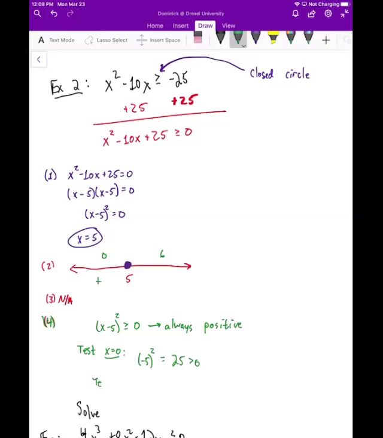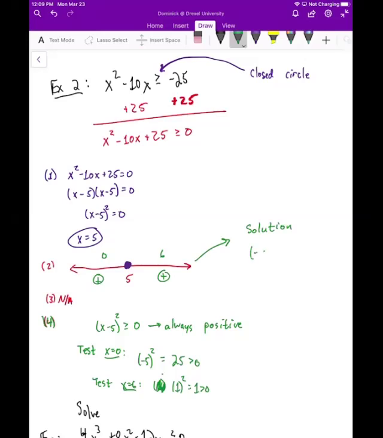If we test x equal to 6, we get 6 minus 5, which is 1 squared, which is 1, which is also positive. So both sections are positive. And of course, since we include 5 in this process, again, we want this to be positive.